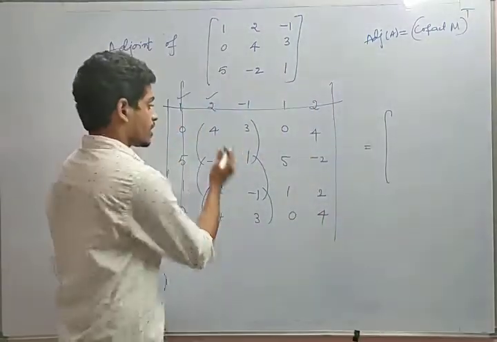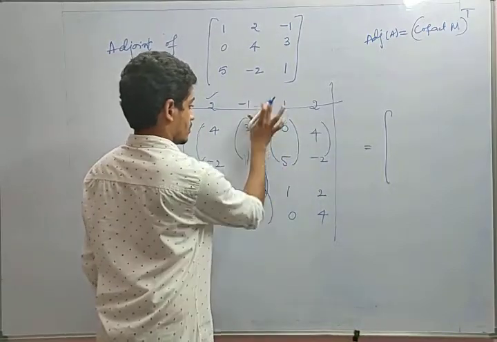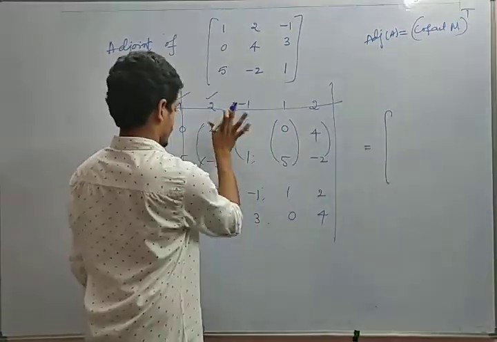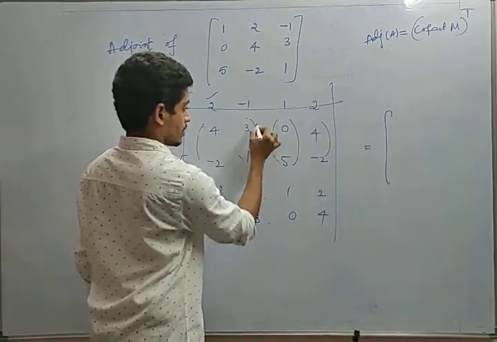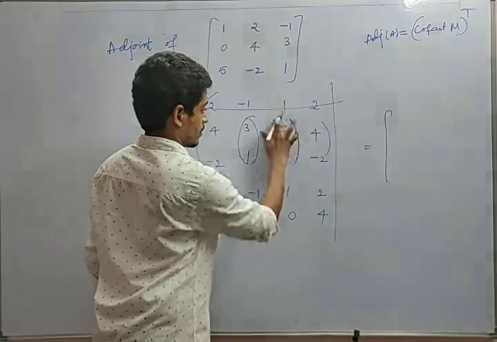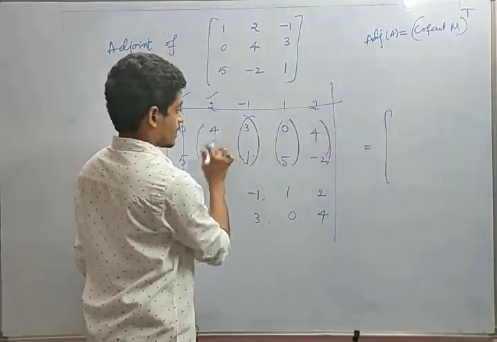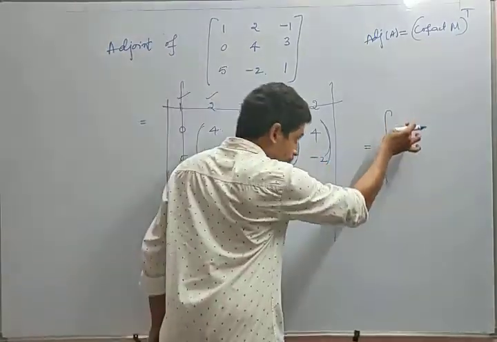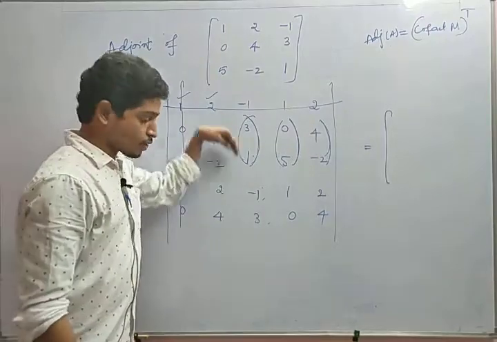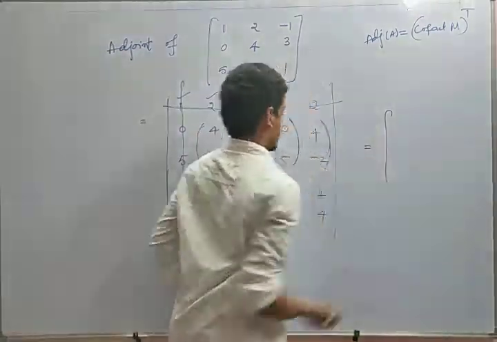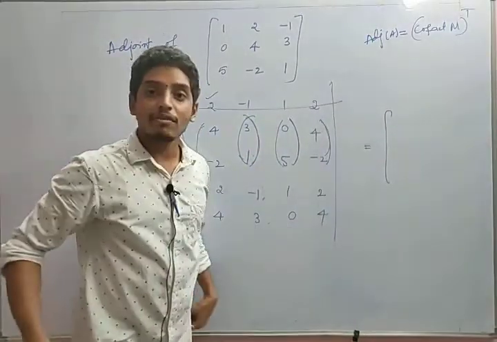First one, this is the second one, and this is the third one. If you want to calculate these three, apply the values vertically. If you are going vertically, apply the values horizontally. If you are going horizontally, apply the values vertically. In that way we will get the adjoint of the matrix.